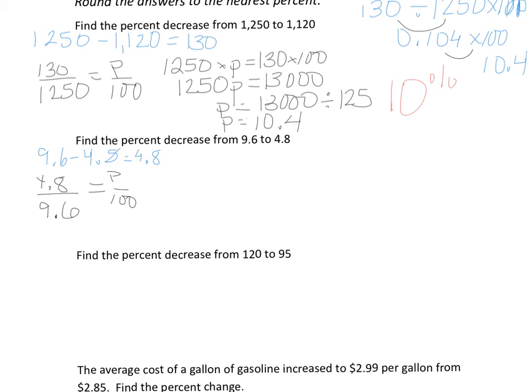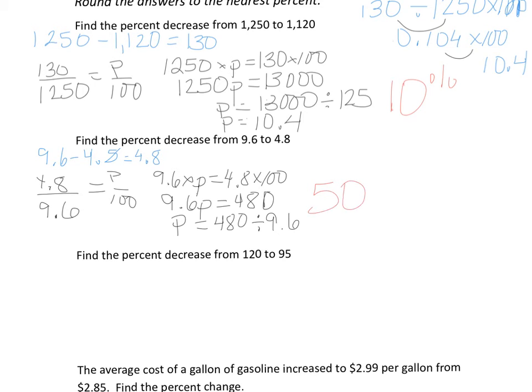We cross multiply like we normally have been. And we divide. And we end up with 50%.